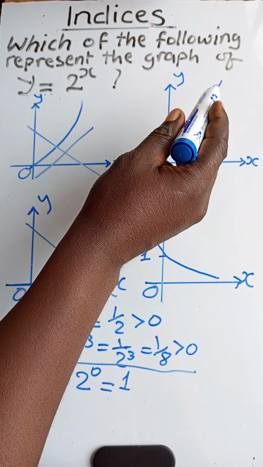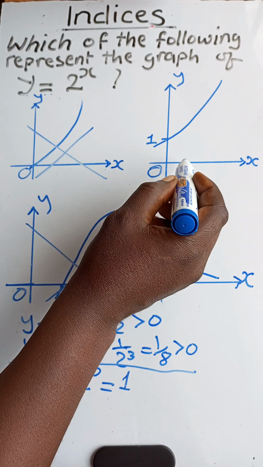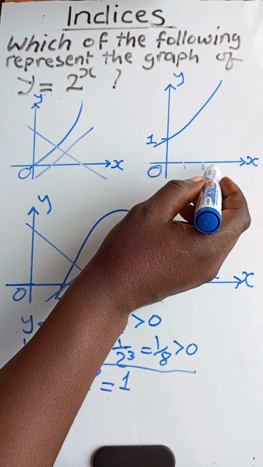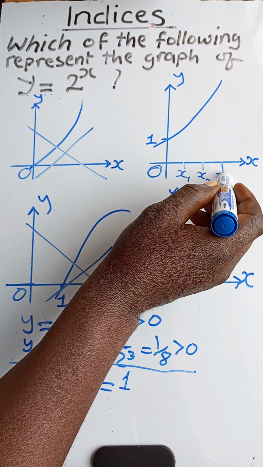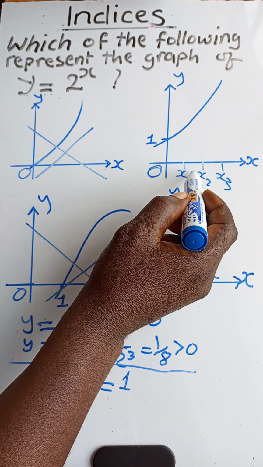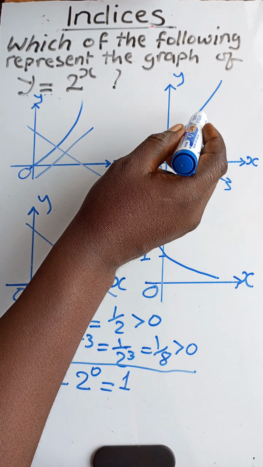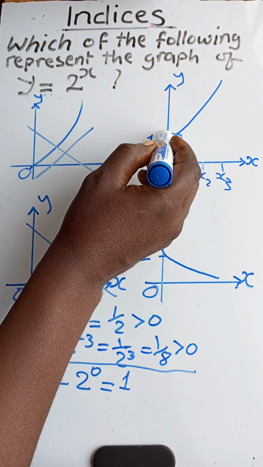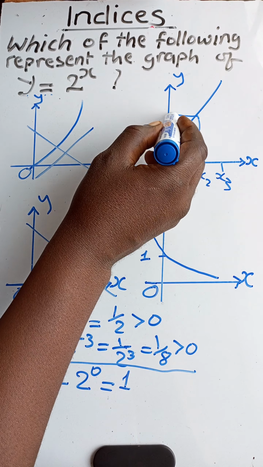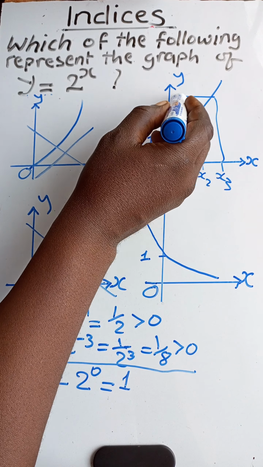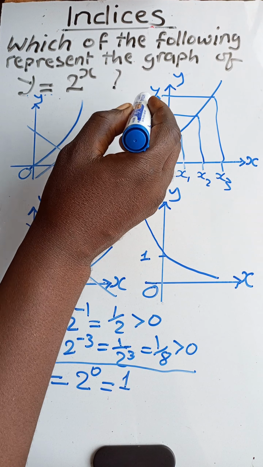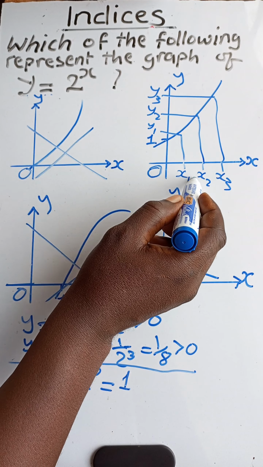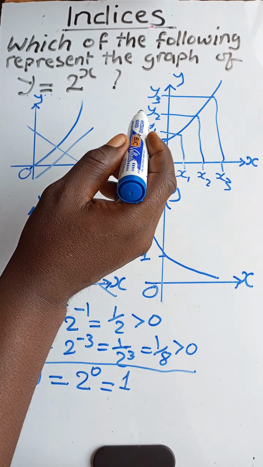If we look at this one, it shows that when the values of x are increasing, the corresponding values of y are also increasing. This is y1, this is y2, this is y3. So when x is increasing, y is also increasing.